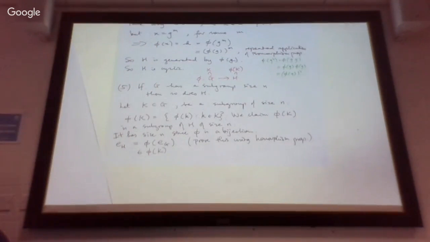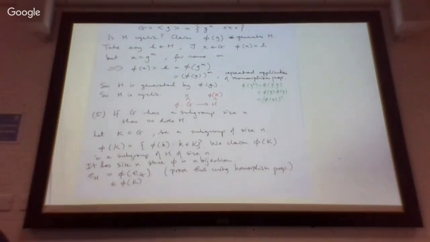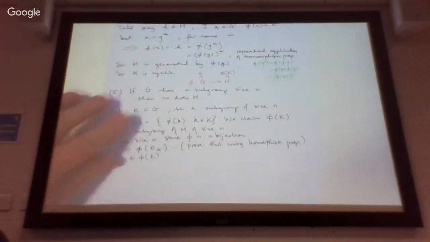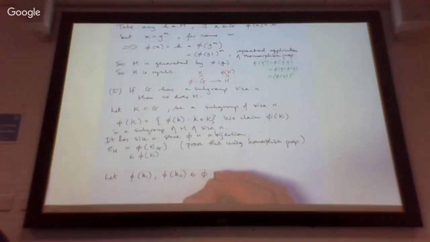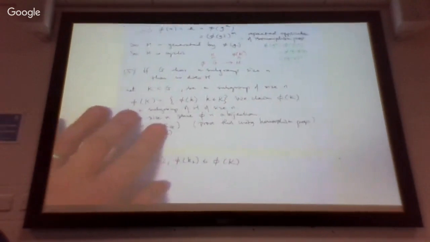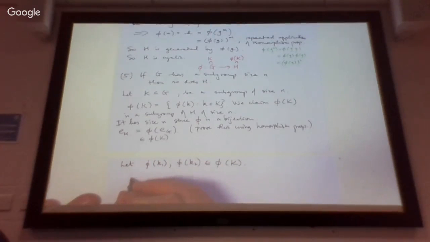Is it closed? Is phi of K closed? Remember, we're trying to prove it's a subgroup. Well, if you take two elements in phi of K, I may as well write them as phi of k1 and phi of k2, since everything in phi of K looks like phi of something from K. What is phi of k1 times phi of k2?